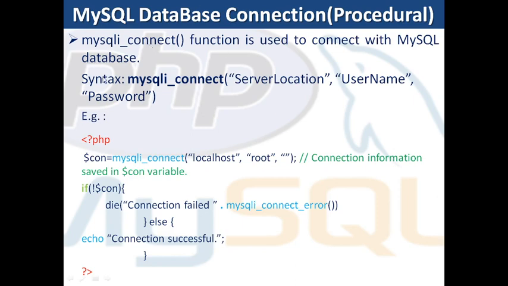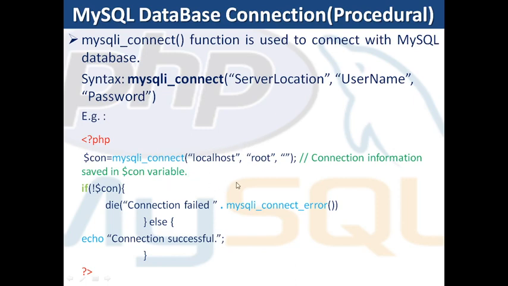The syntax is mysqli_connect. The first argument is server location, the second argument is username, and the third is password. In the example, a variable $con is used to save connection information, saved using the mysqli_connect function.